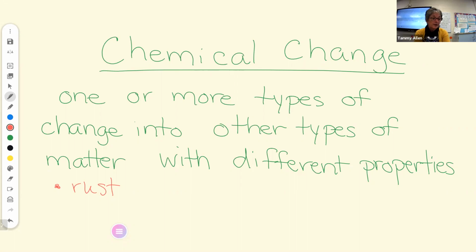That's a chemical change. Do they change when they ripen or when the egg gets boiled? Do they all of a sudden get redder? No. They change color or, like the egg, get harder, right? But it's a chemical change.